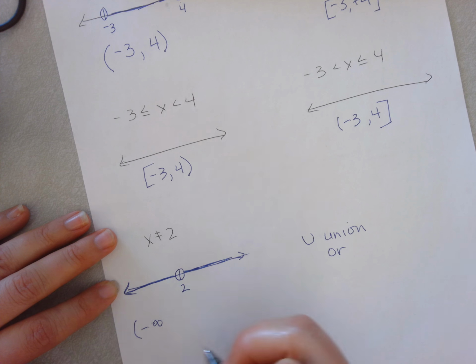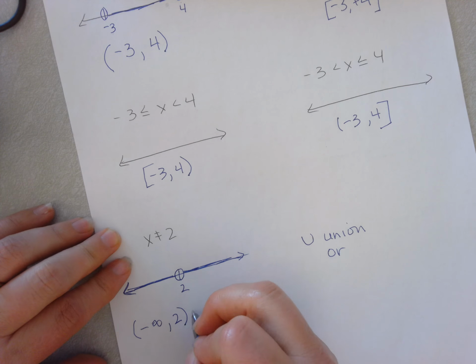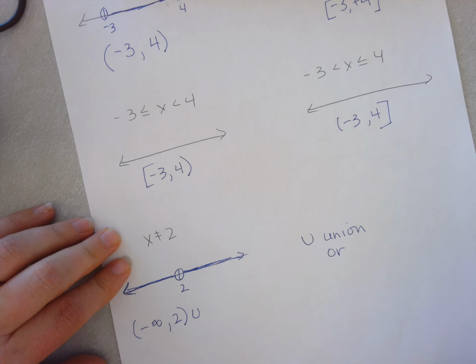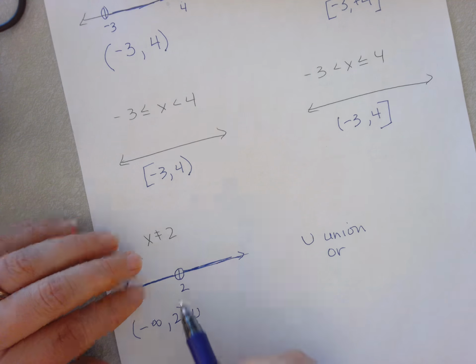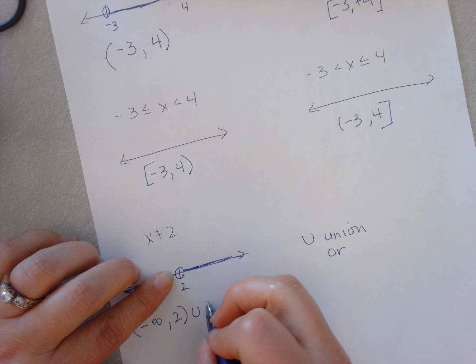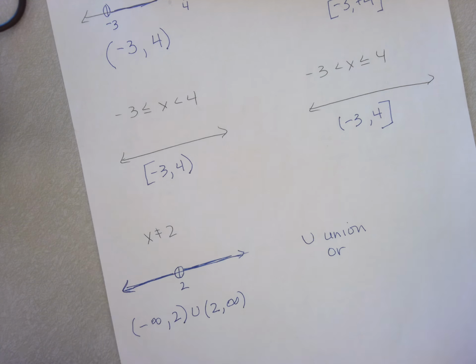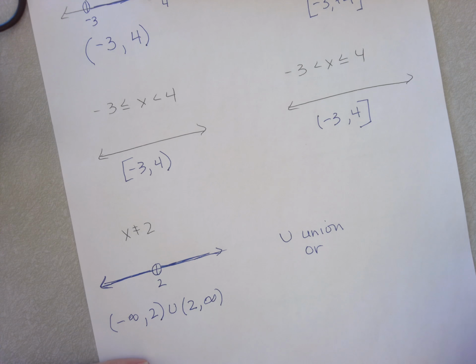Rounded parenthesis for -infinity, and it also stops at 2, but I know that 2 isn't included, so I close my parentheses. I've got more solution to go, so I tack on this U. That just means also this part. So now this part also starts at 2, but 2 is not used, and goes off to +infinity. And so that's how I leave out one value, okay?